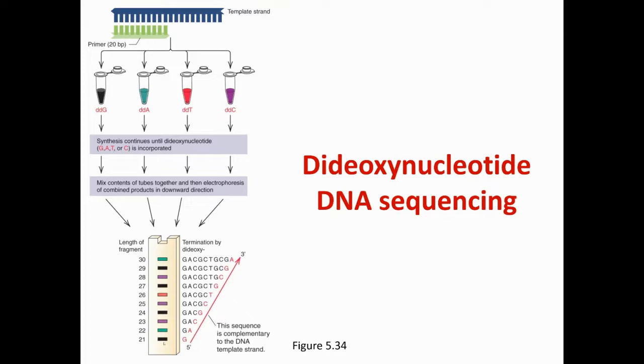From the color, you will know the sequence. So black is G, and then the next one is A, and then C, and G, and C. So that's the current technology. It uses fluorescence to determine the DNA sequence, but still uses Sanger sequencing, which is the chain termination principle, to perform the DNA sequencing.